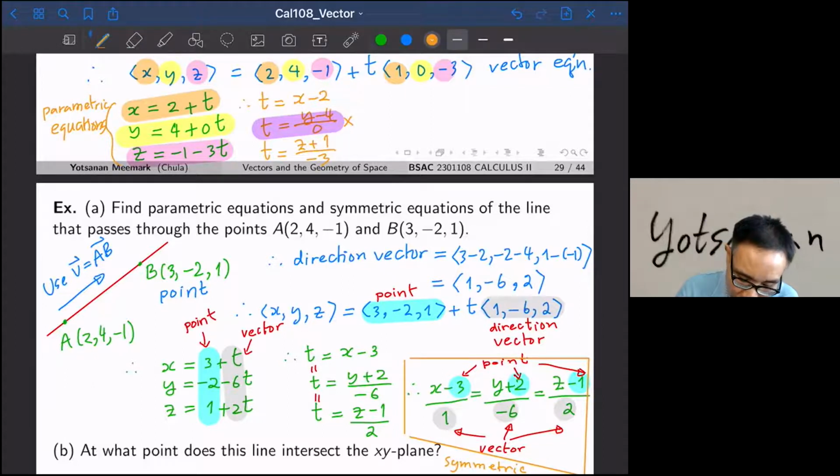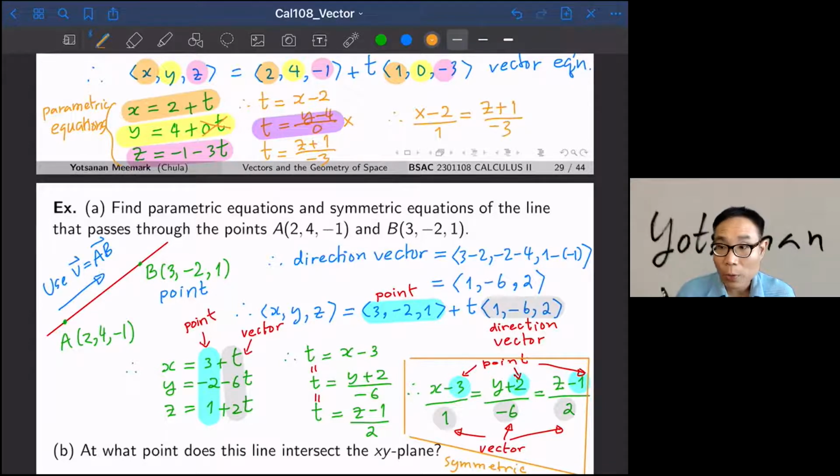So for here, you're going to get y equal to 4. And then for x and z, this can be written in the way that x minus 2 equals z plus 1 over negative 3. For the sake of completeness, let's write the 1.